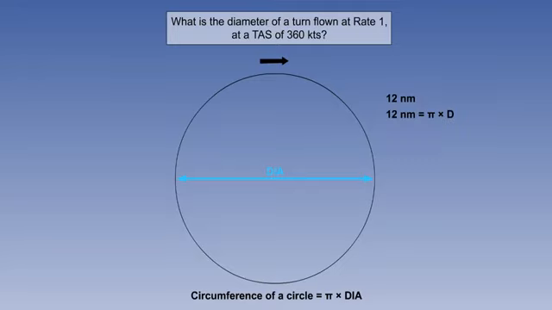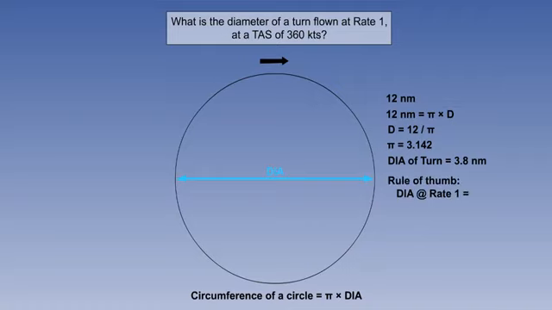Therefore, 12 nautical miles equals pi times the circle diameter. Or, rearranging the formula another way, the circle diameter equals 12 divided by pi. For the purpose of the calculation, we can take the value of pi to be 3.142. So 12 divided by pi gives us the answer to the question, which will be that the diameter of the turn is 3.8 nautical miles.